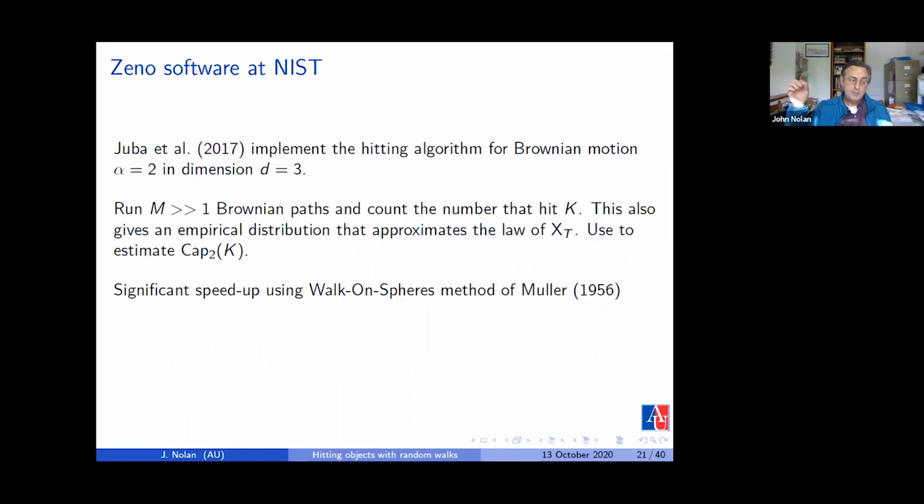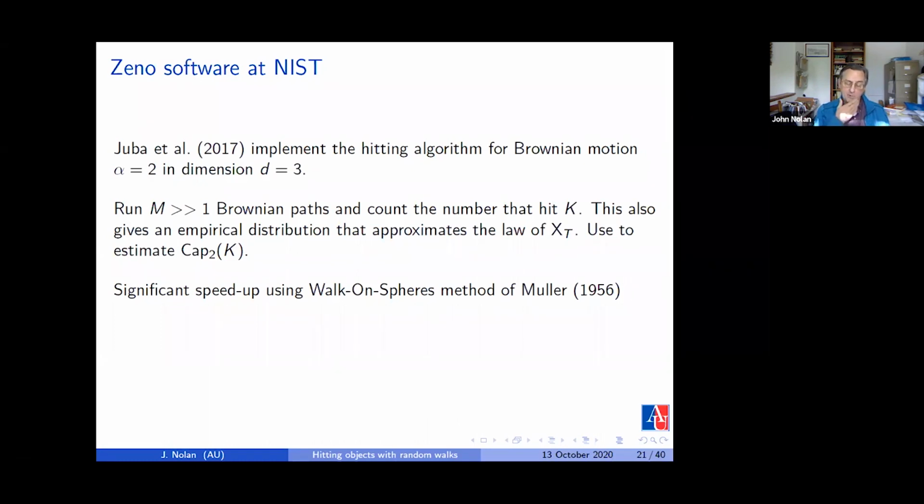The idea is you start many Brownian paths, and you see where they hit your target. You can have a complicated object, start many random walks and see where they hit, use that to get an empirical distribution that approximates the law of the hitting locations, and then estimate the 2 capacity from that.